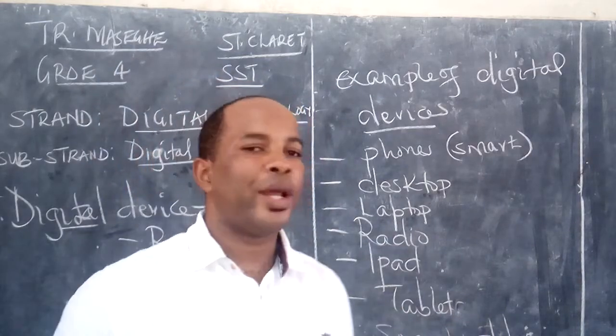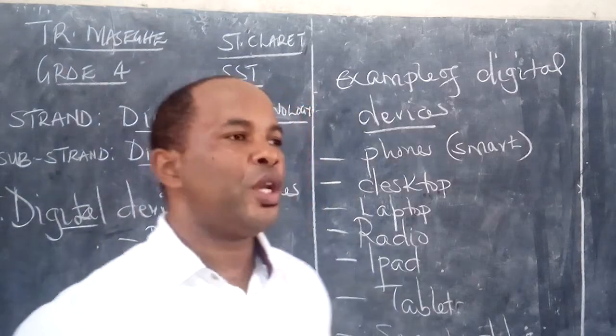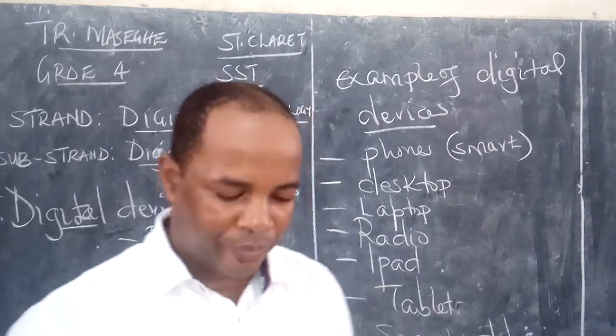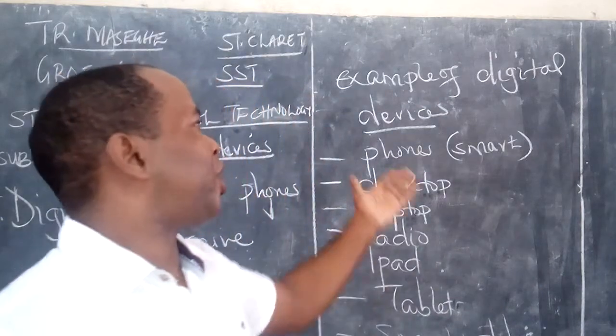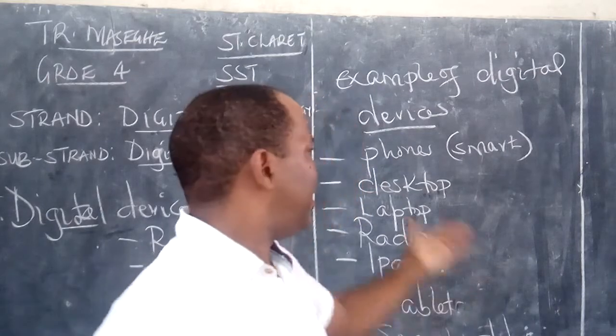Then you also have solar energy. It's also a form of energy. It can also be used to operate some of these devices we have named here. You can use solar energy to charge a smartphone, or to run a radio or a laptop.